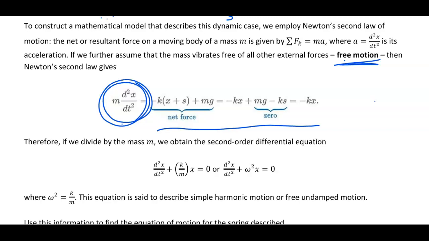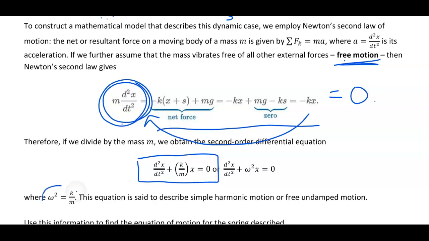If we solve that in a linear way, standard form, and divide everything through by m, bringing kx over first, I didn't show that here in the notes, but if we bring kx over first, so we make this a homogeneous equation, and then divide through by m, you get this. Now we call omega squared k over m.